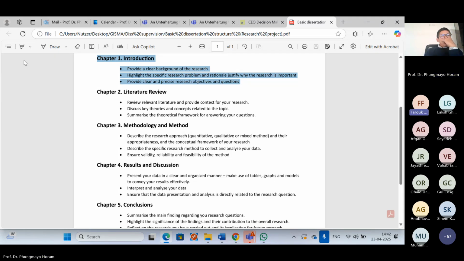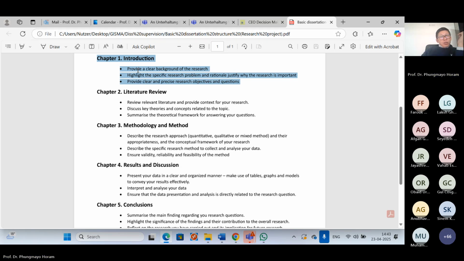Introduction: provide a clear background of the research, highlight the specific research problem and rationally justify why the research is important, provide clear and precise research objectives and questions. Yes, thank you, Farouk.